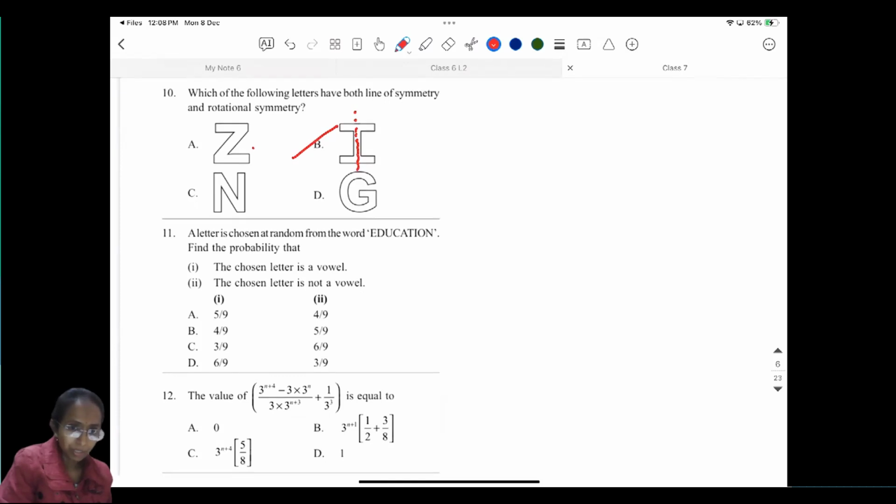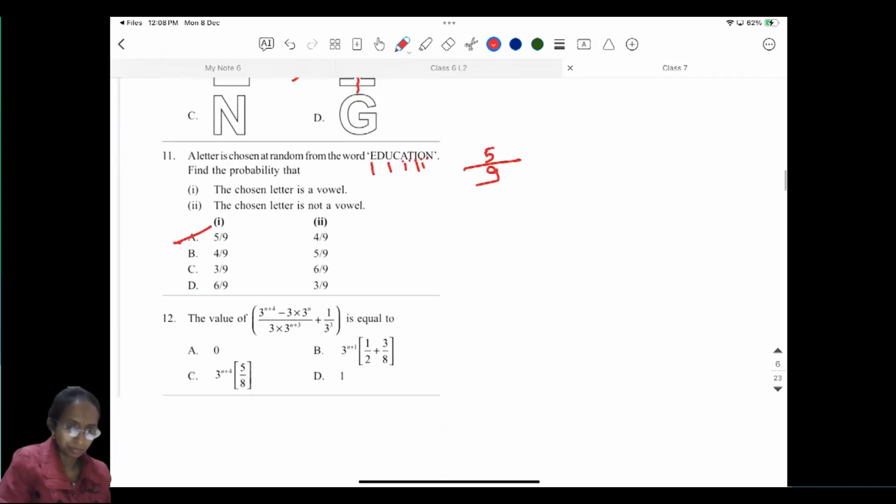Find the probability that the chosen letter is a vowel. So we are having 1, 2, 3, 4, 5 vowels out of 1, 2, 3, 4, 5, 6, 7, 8, 9 letters. So the probability is 5 by 9, which is showing in my first option. And choose the letter which is not a vowel. That will be obviously 4 by 9, because the consonants are 4 and the total letters are 9.